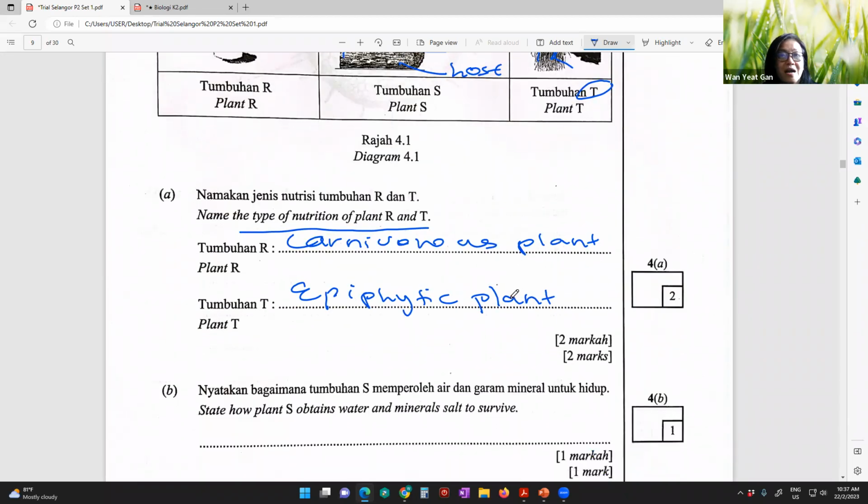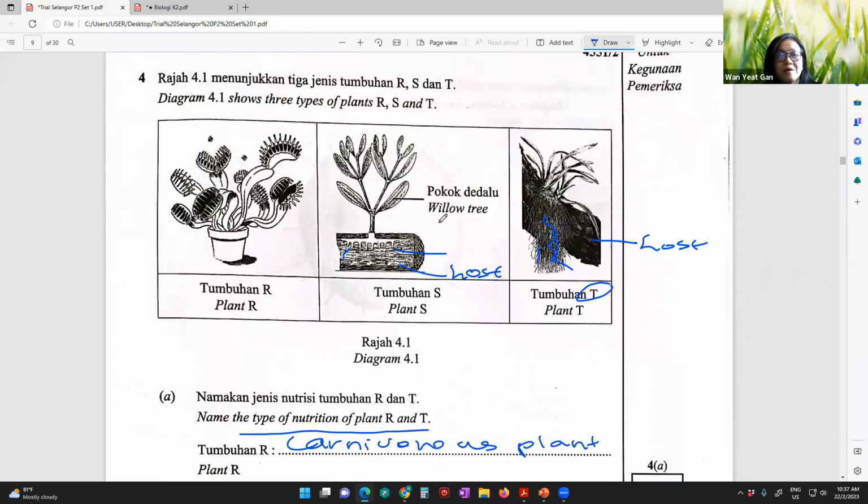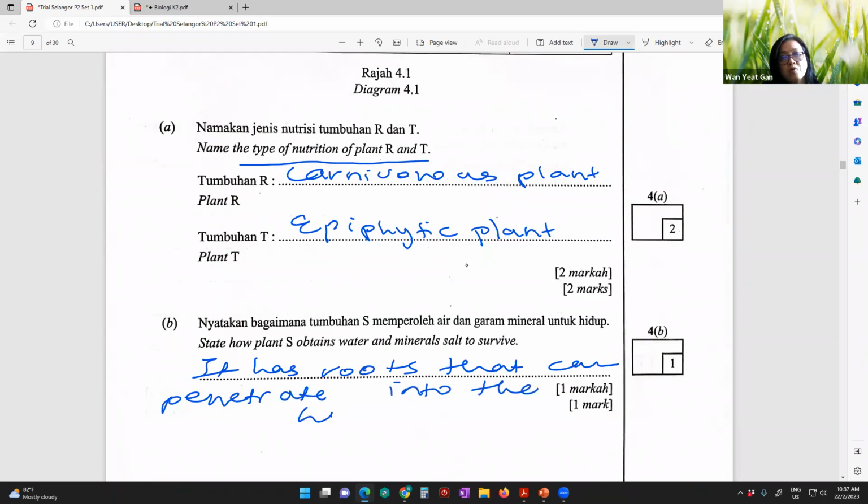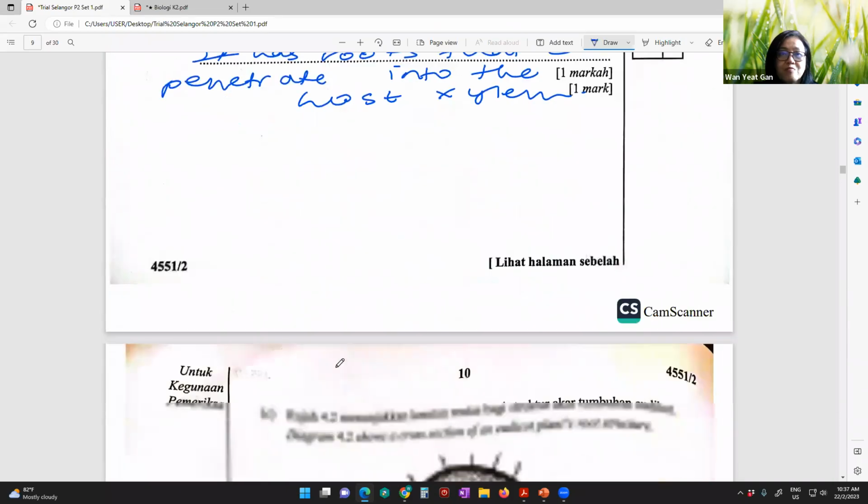So in order to receive nutrients, salt, and water, this willow tree has to have roots that can penetrate into the host xylem. Okay, I hope you can understand now. All right, so let's move on.